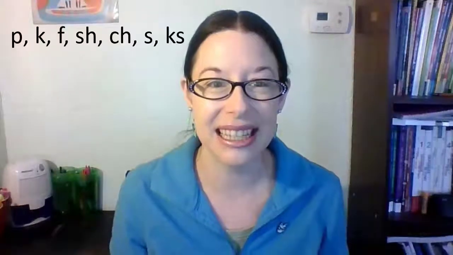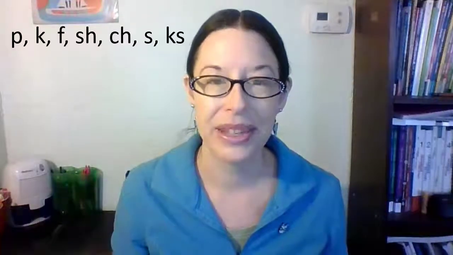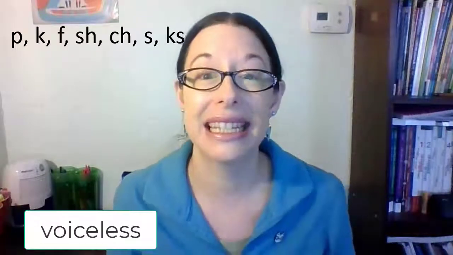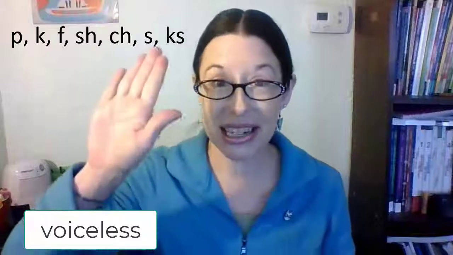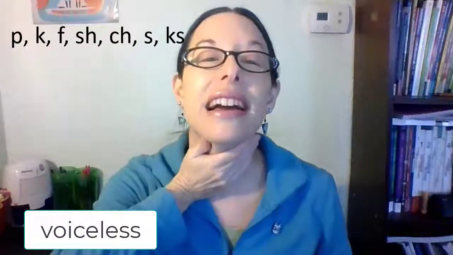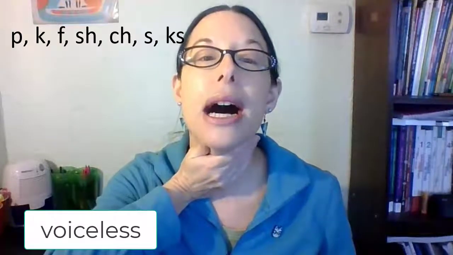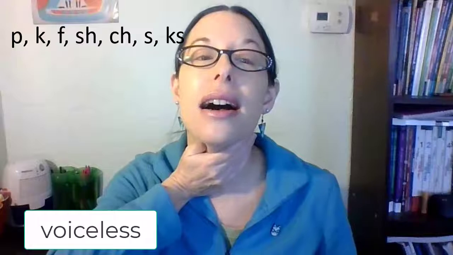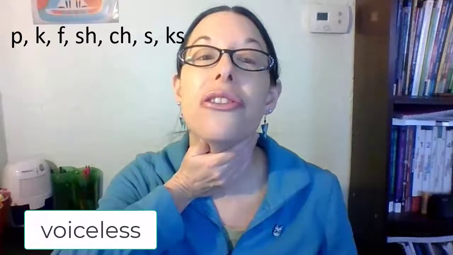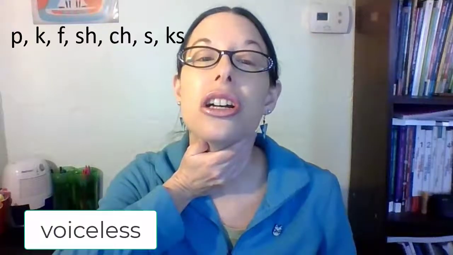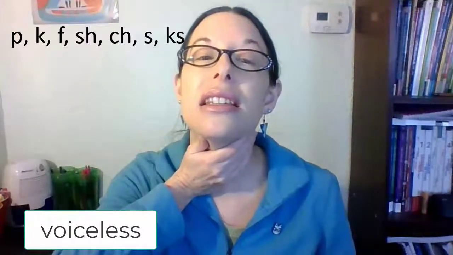So let's practice. Let's take a look at this list of sounds. These are some voiceless sounds. So take your hand and put it here. And let's make these sounds together. Say, sh, ch, s.